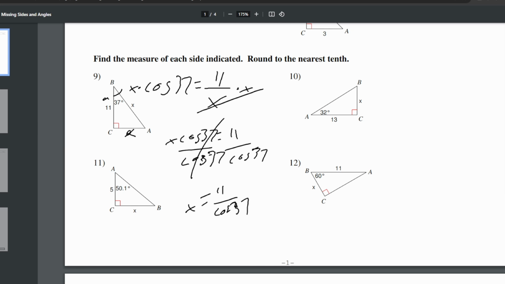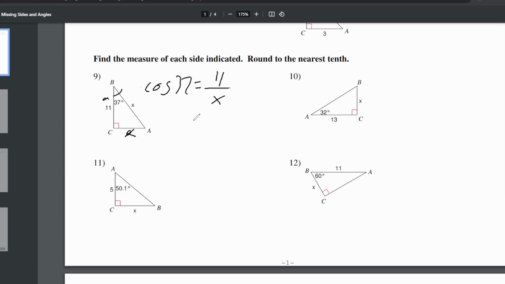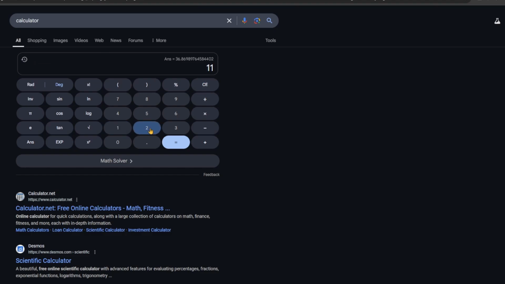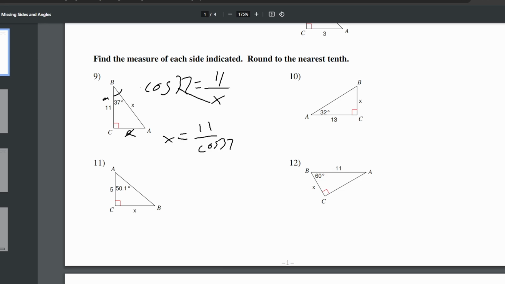I'm going to show you a little technique that you might not have known. When we have this problem, you can just flip these. One step, boom, you swap these. It's gonna be the same answer. So x, the side length x, is equal to 11 divided by cosine of 37. That's gonna give you 13.77. And yeah, that's your answer.